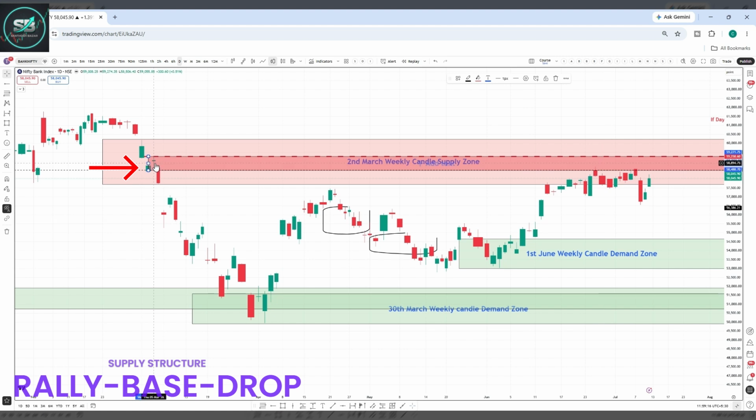This is the 5th March candle. This 2nd March is our weekly supply zone, and within that, 5th March is our daily supply. So we have weekly supply and a daily supply within the same zone.